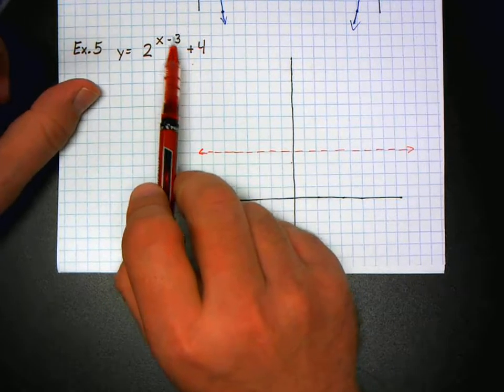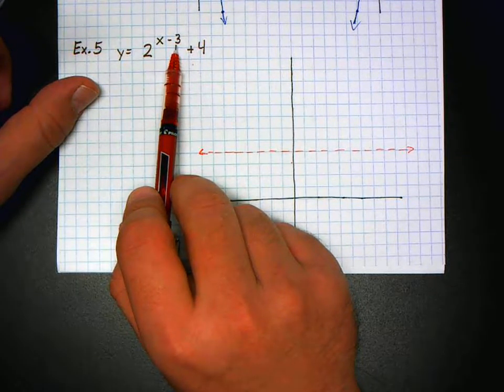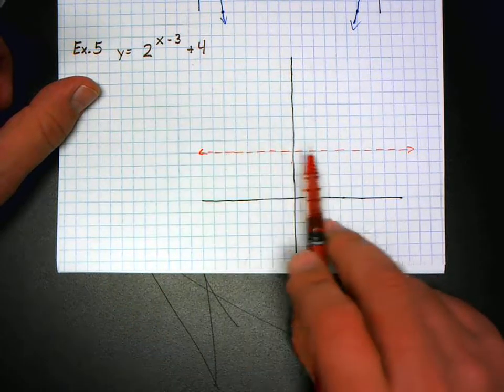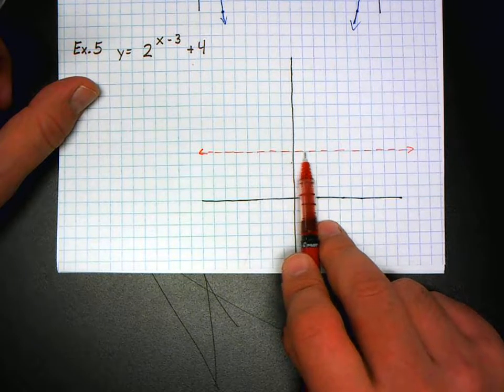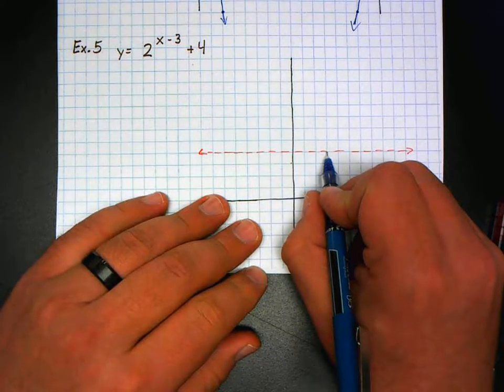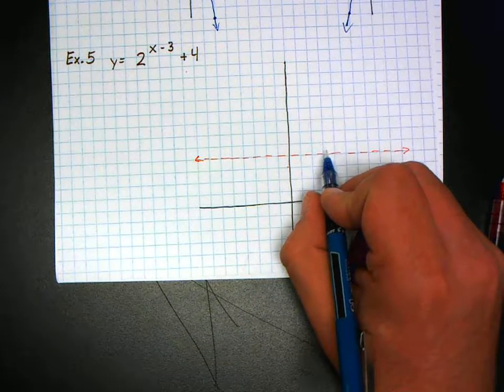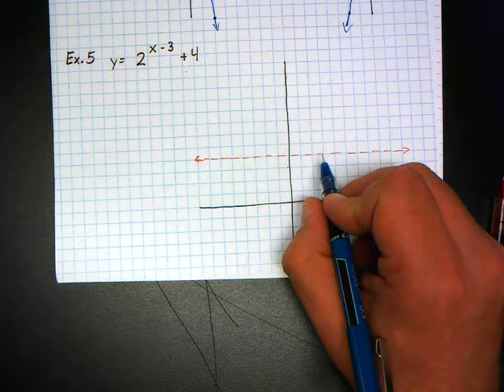All right. What's my h value? Close. 3. So that means I'm going to shift over 3. 1, 2, 3. So right here is the center of my graph. Now at the center of your graph, how far up should you be?